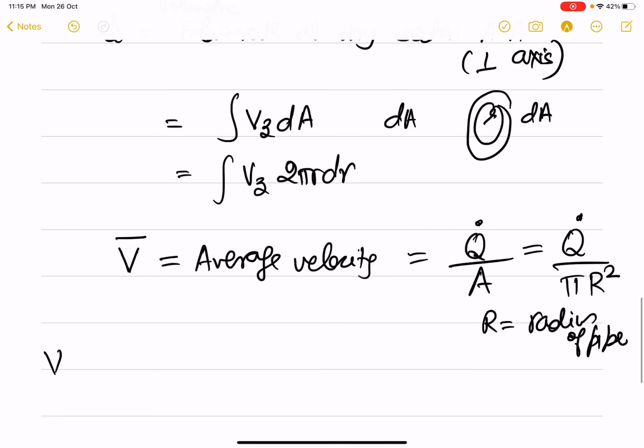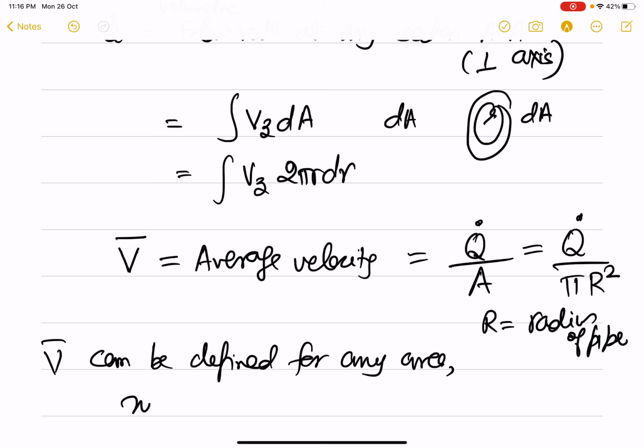Now this average velocity can be defined for any area, not necessarily cross-section of a pipe.